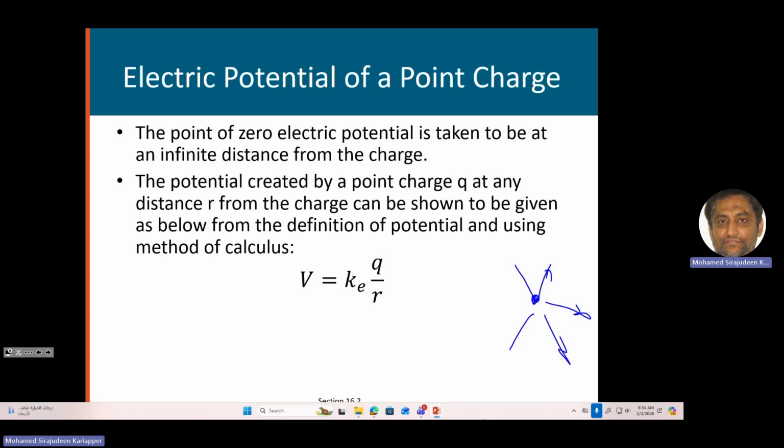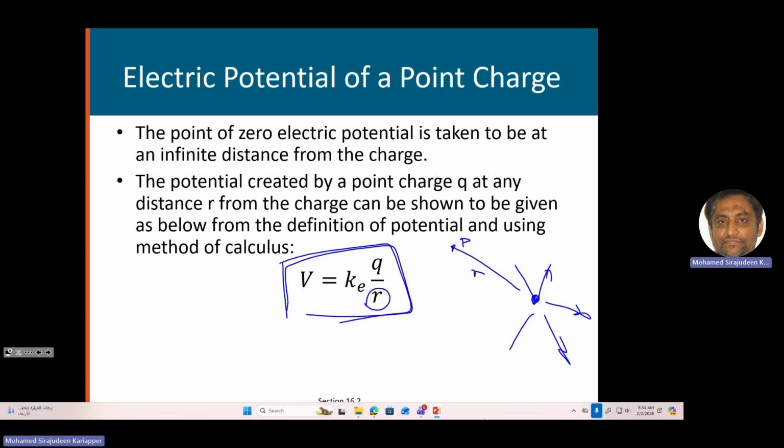We just give you the expression for the potential, not even delta V, but V itself, the absolute value, because we are referencing the potential at infinity to be zero. So we have a reference point which is fixed. And the potential at a distance r away from the point charge, say this point P, which is at distance r, is given by this equation.